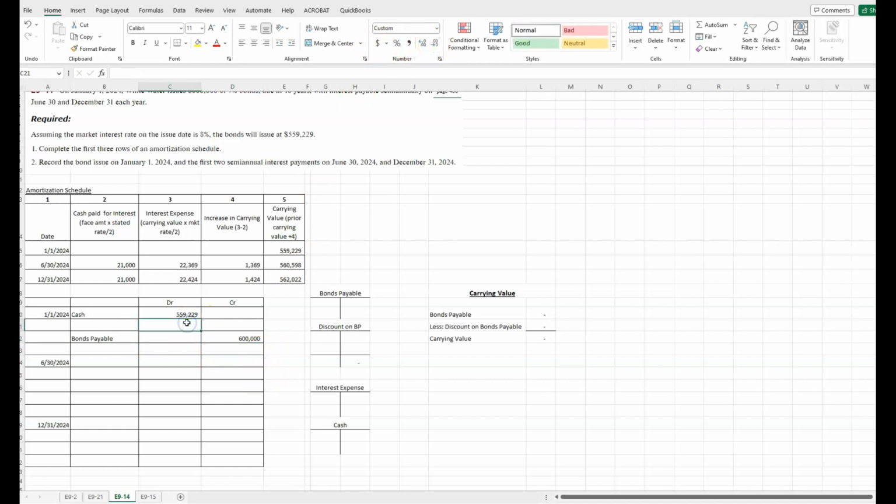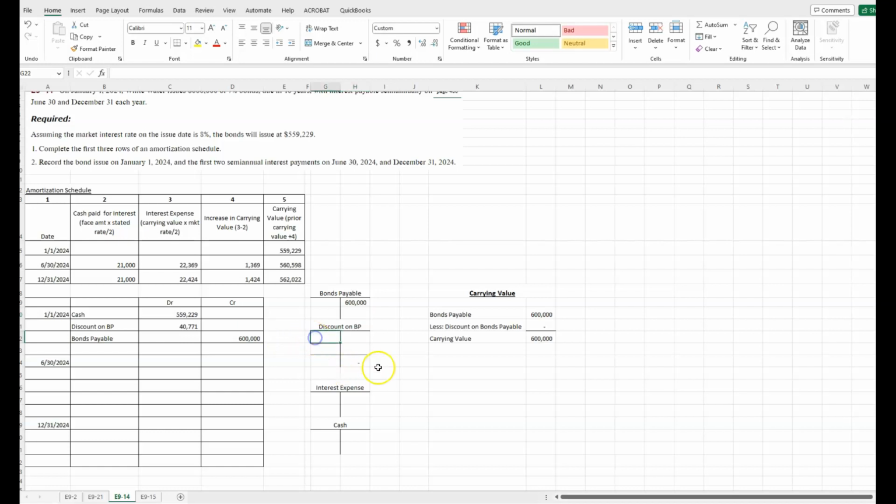The difference is our discount on bonds payable. So that's 600,000 minus the 559 gives us a discount on bonds payable of 40,771. Now, what does that look like? So our bonds payable is 600,000.